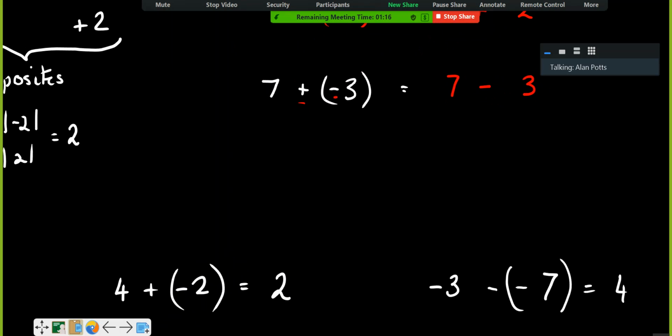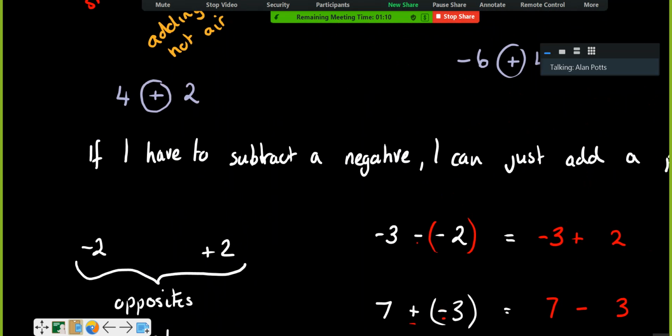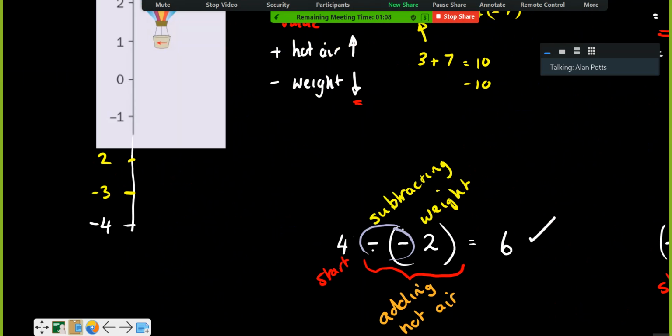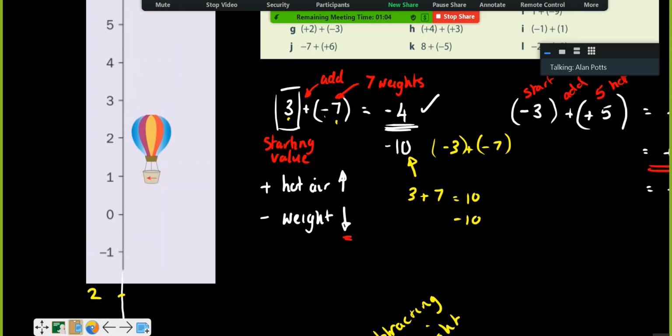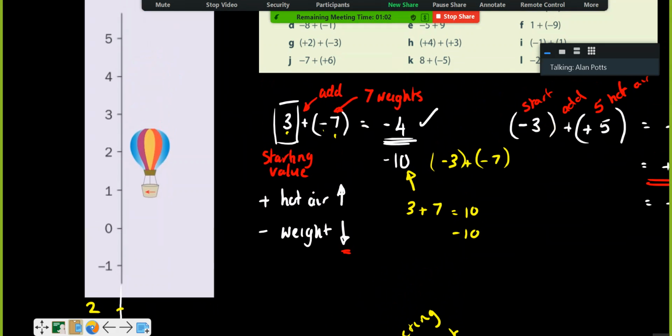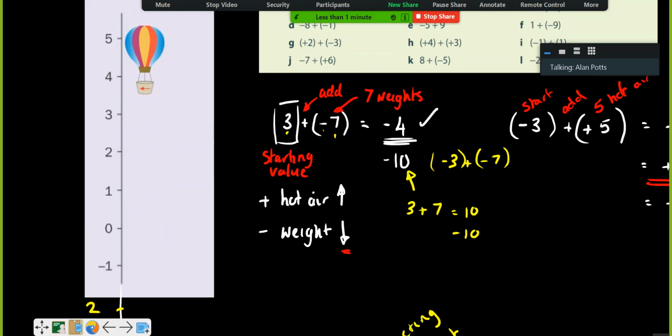So, to sum up in the last minute of the Zoom, we've done the hot air balloon method. So this starting number is just where you start from, right? So the hot air balloon can be moved around. That's just where you start from.